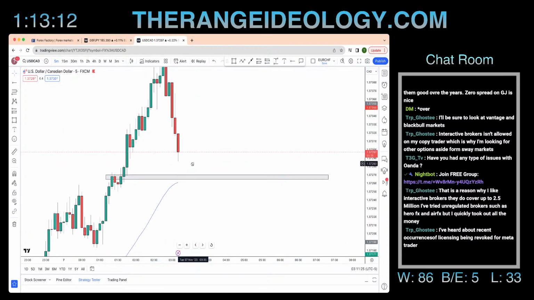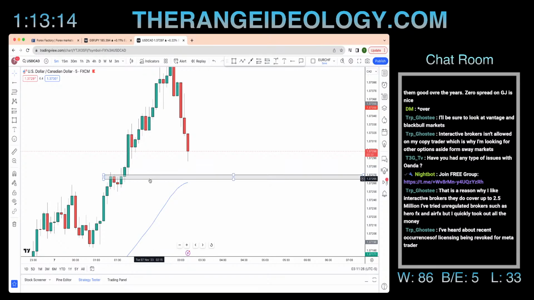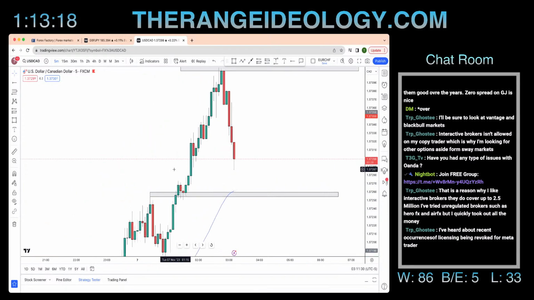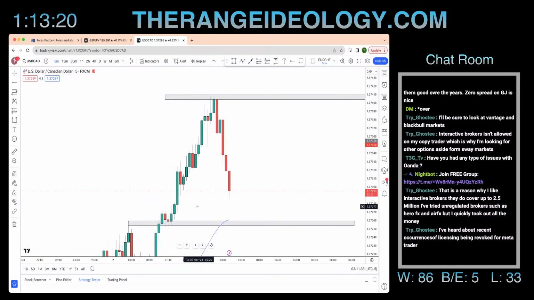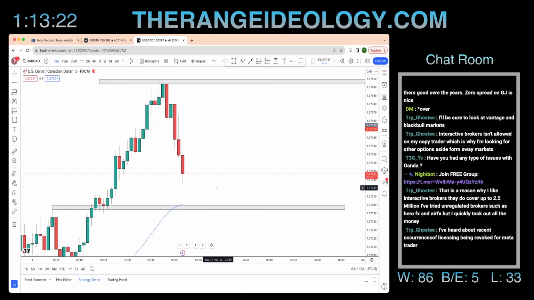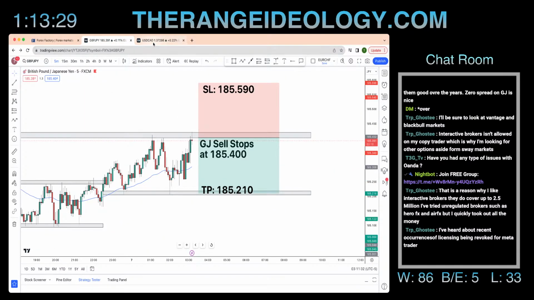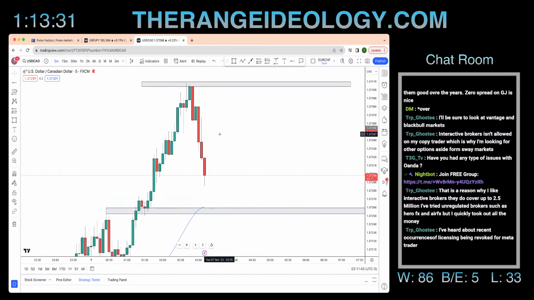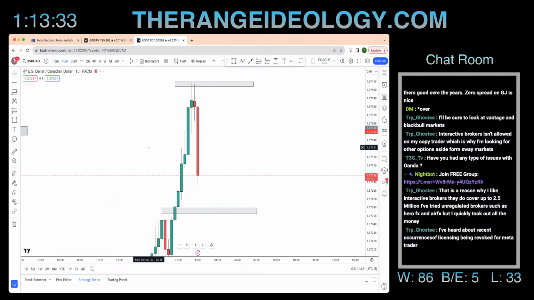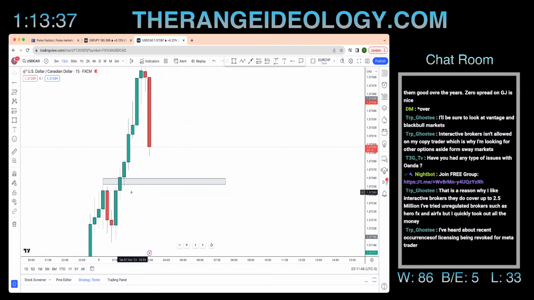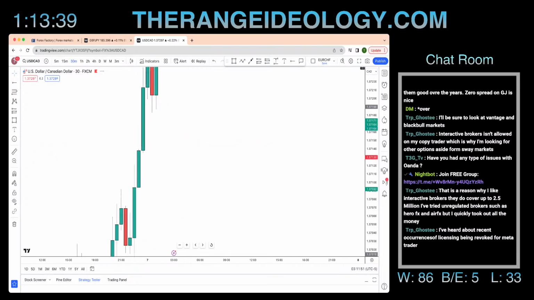And because USD CAD is very, very close to the 5-minute EMA here, we could see some buy stops here as well. Where's the 15-minute EMA? That's way south there. 30, yeah.